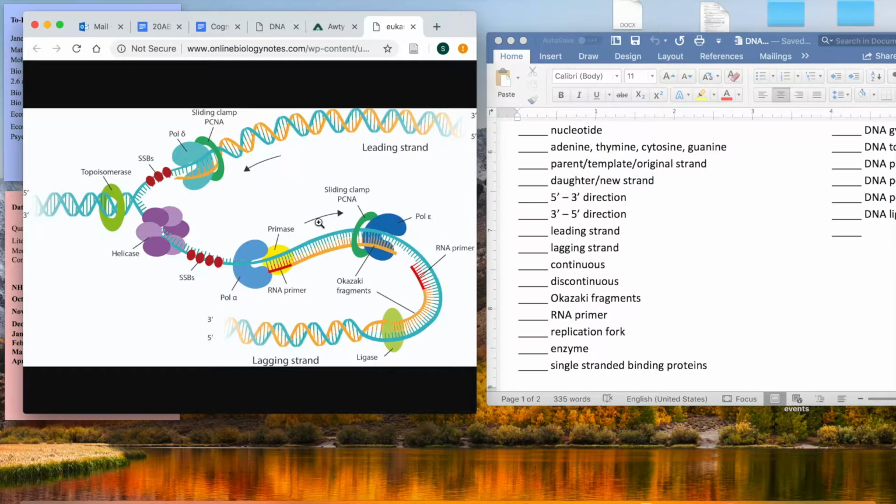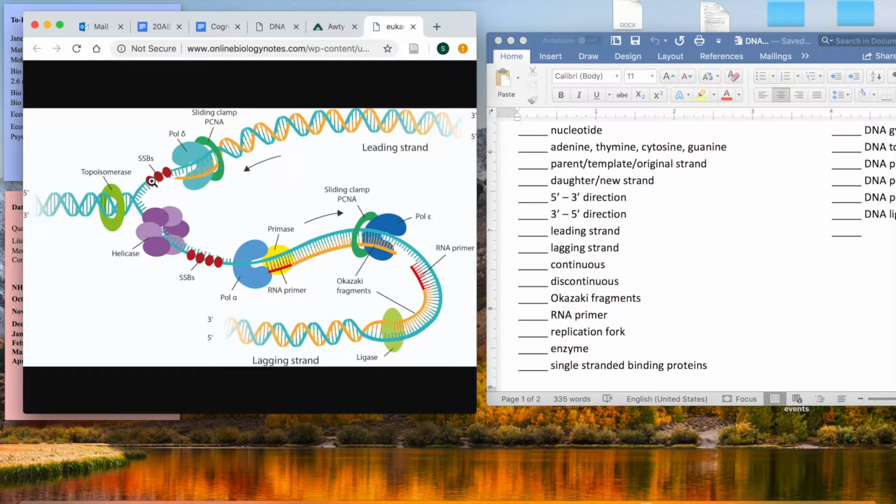And then we have single-stranded binding proteins over here, and those basically prevent the strands from re-annealing. So these proteins help to prevent the single-stranded DNA from being digested by nucleases, and they will eventually be dislodged from the strand when a new complementary strand is synthesized.